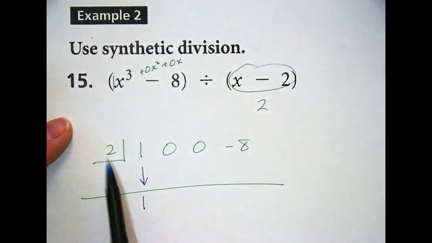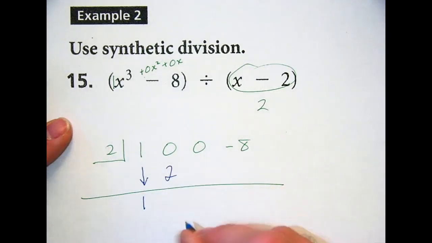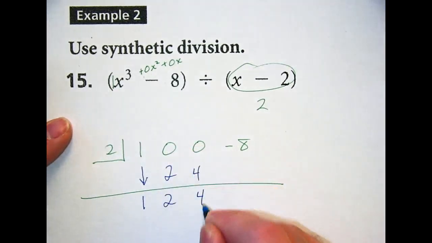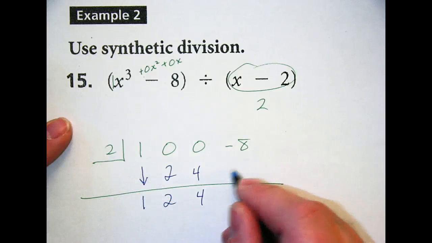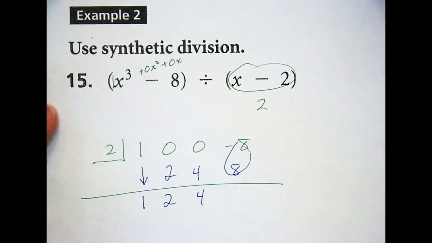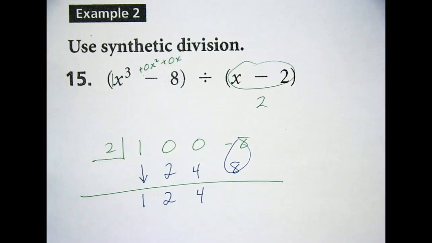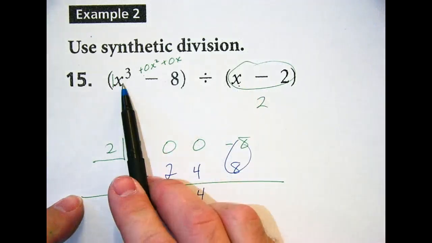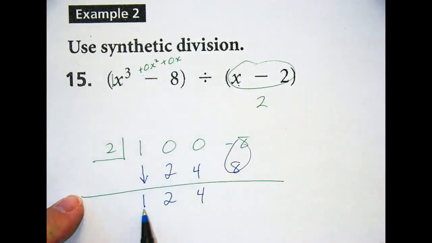Drop down the 1, 2 times 1. Okay, any questions up to there? So from that point, if this is a linear and you're dividing a cubic by a linear, this first term is going to be x squared.